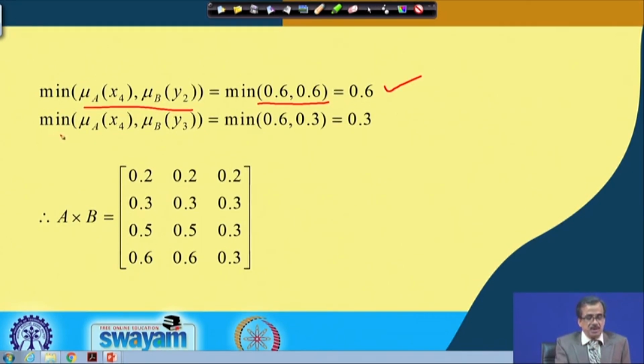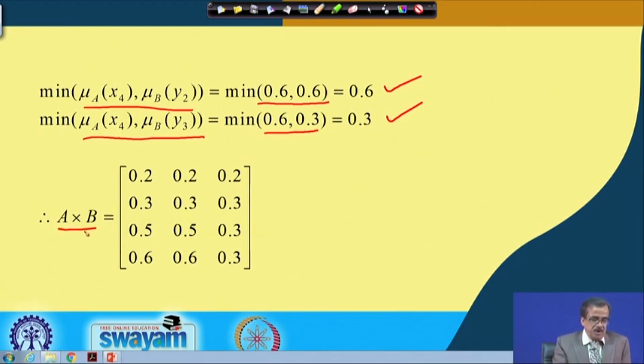Then comes the minimum between mu A(x4) and mu B(y3), that is between 0.6 and 0.3, and you get 0.3.